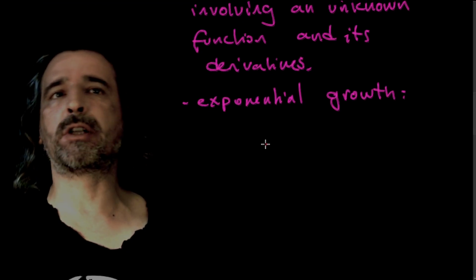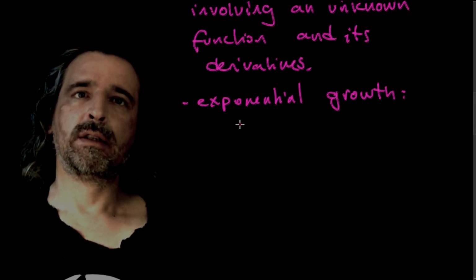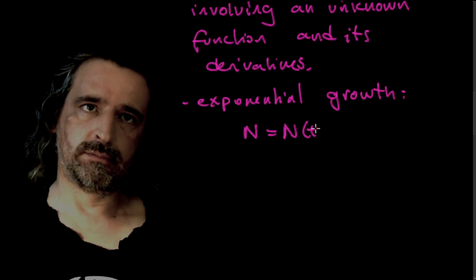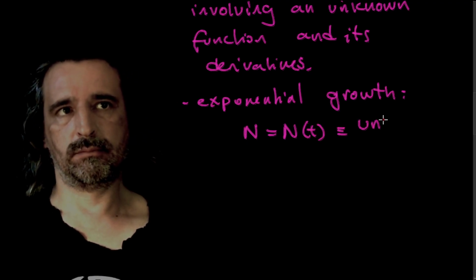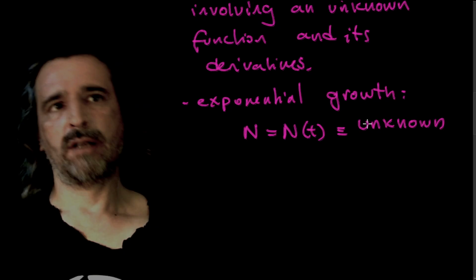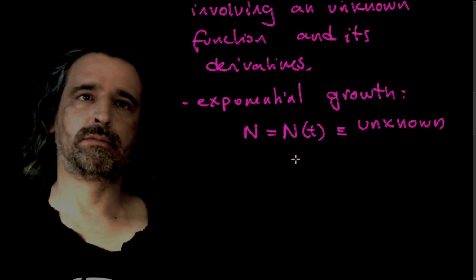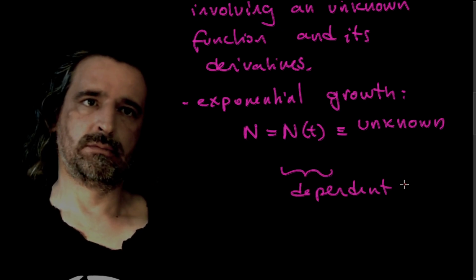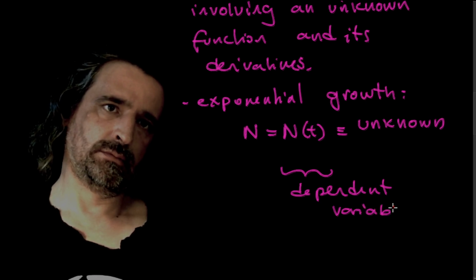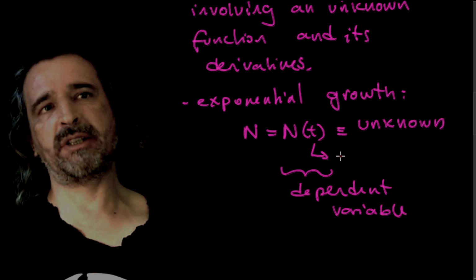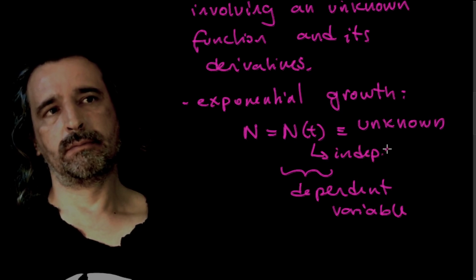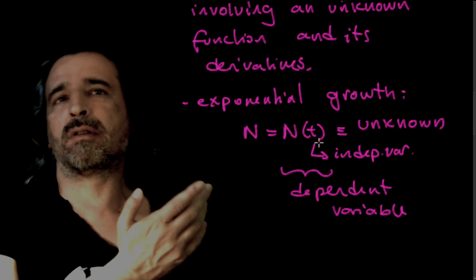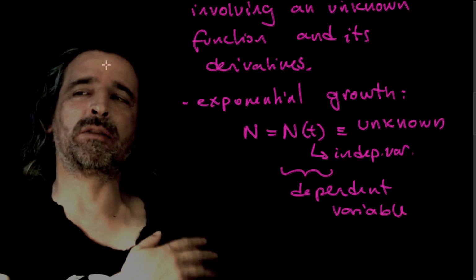But essentially what the exponential growth equation means is that you have some unknown function n of t. This is called the dependent variable, and this t is called the independent variable. So you have this unknown function. Typically, what helps is to interpret this.